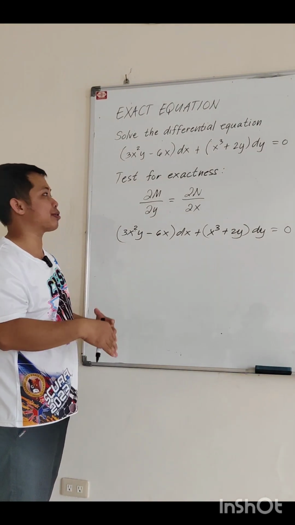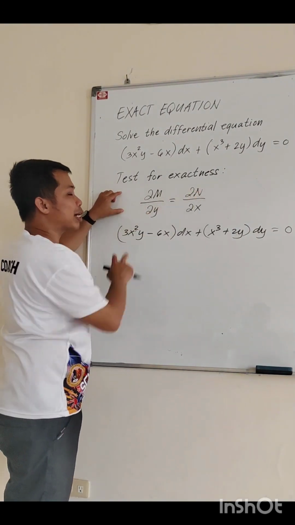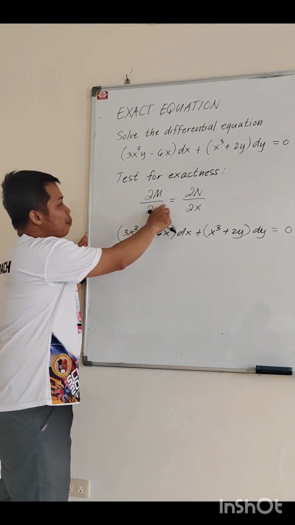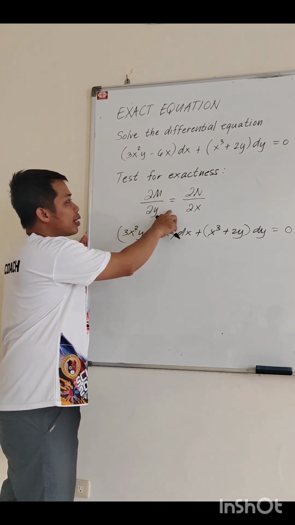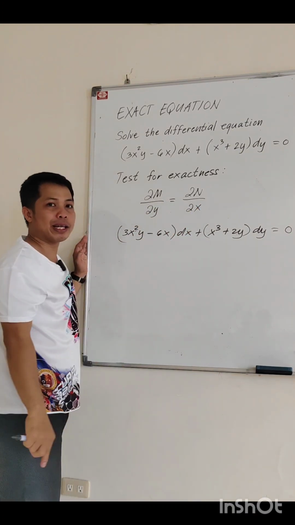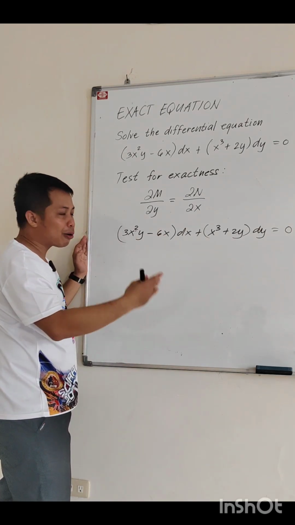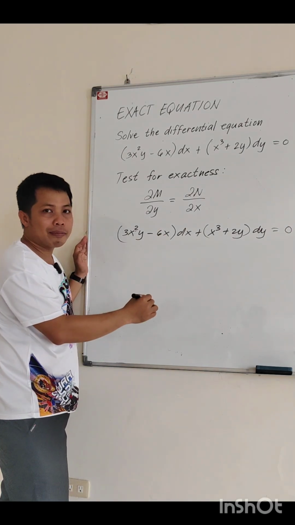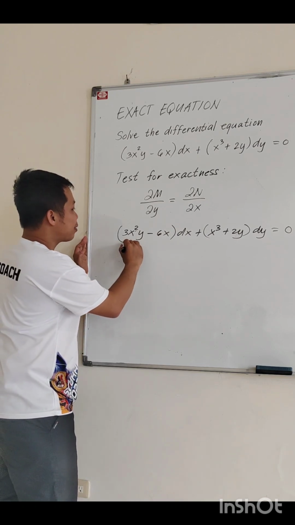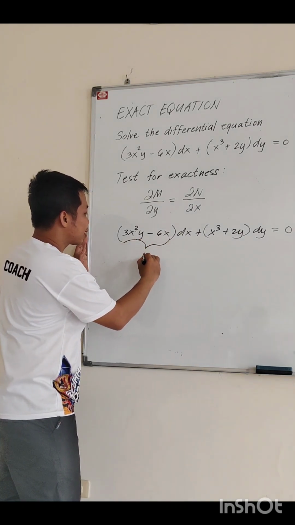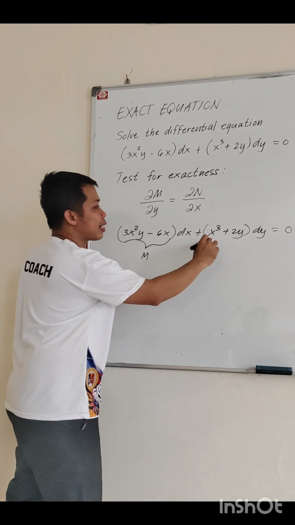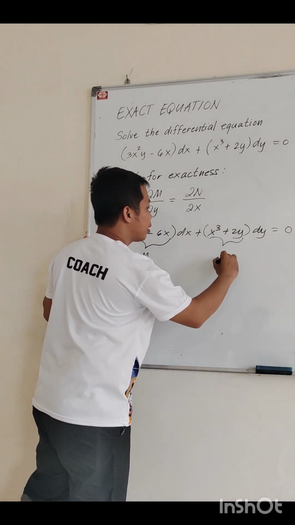Kailangan exact equation siya. So we have this test for exactness. The partial of M with respect to y must be equal to the partial of N with respect to x. So, kung ma-recall natin, alin dyan yung M, alin yung N. Diba yung M kanina, siya yung kasama ni dx. Si N naman, yung kasama ni dy.